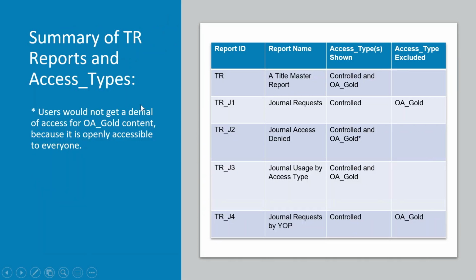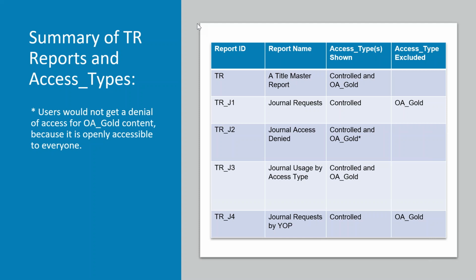Now, it is a little bit confusing because, as I say, some of the reports include both types of access, controlled and open access, and others only include controlled. And indeed, I have had a few panicked librarians contact me who perhaps when Release 5 was first released, only saw the TRJ1 and said, oh my goodness, all the OA Gold usage has disappeared.